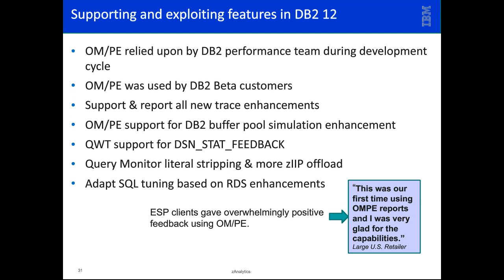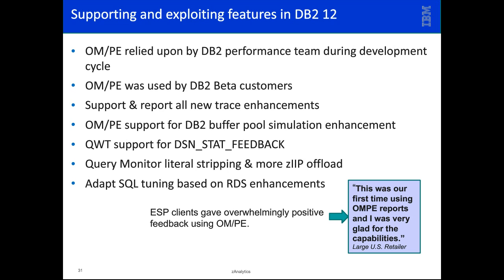OMPE also supports buffer pool simulation enhancements, in addition to query workload support for DSN stats feedback tables. And again, if we look at our solution, as I mentioned, the integration, query monitor, literal stripping, and all of that helps our beta customers, and will help you with DB2 today. This was a large retail bank that said this was their first time using OMEGAMON reports, and they were very glad with the capabilities. Let's go to the next slide.